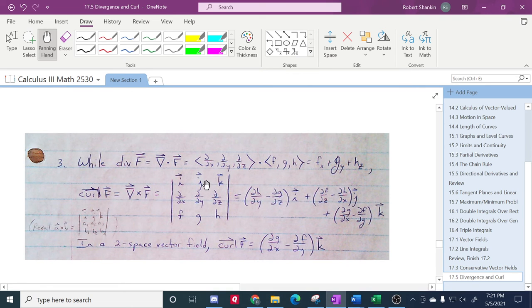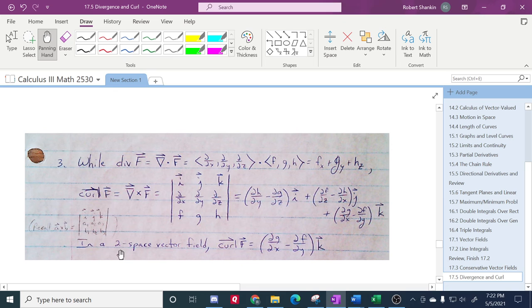When you're doing the J, you don't use Y at all. There's no single Y's, nor do you use the letter G at all. And so it's got to be partial of F with respect to Z and the partial of H with respect to X. Now the order of the subtraction would be hard to remember, but doing this just does it automatically for you. That's why this shortcut is so awesome for this. And then this K is what we were just figuring out before. G sub X minus F sub Y.